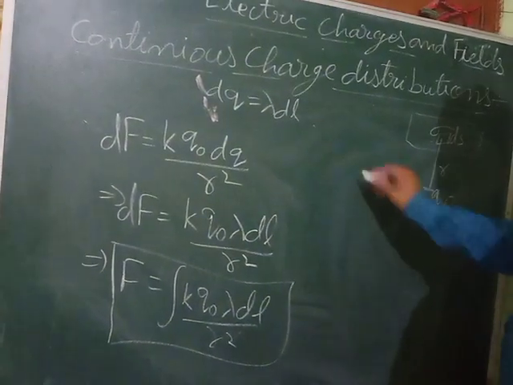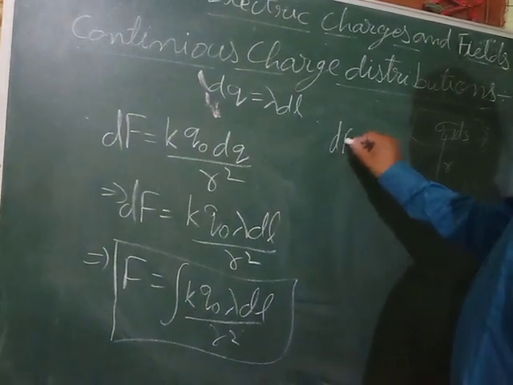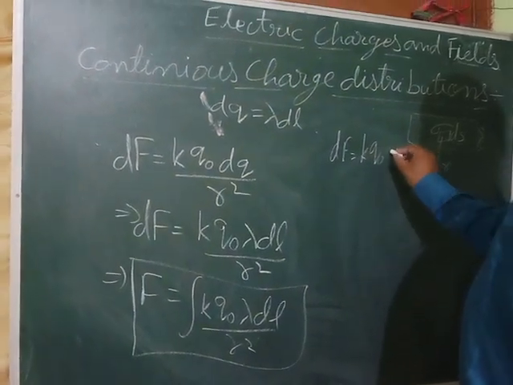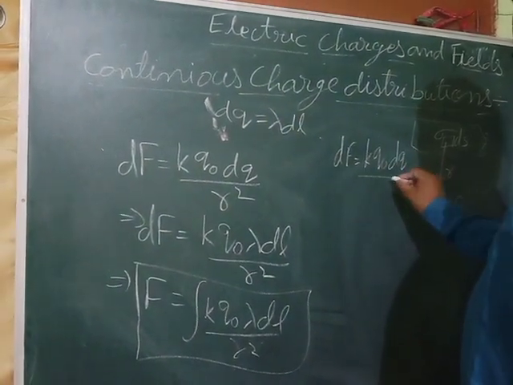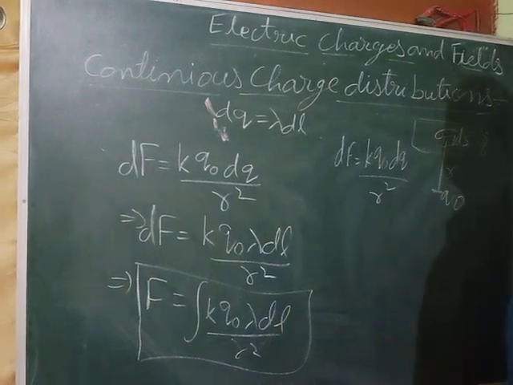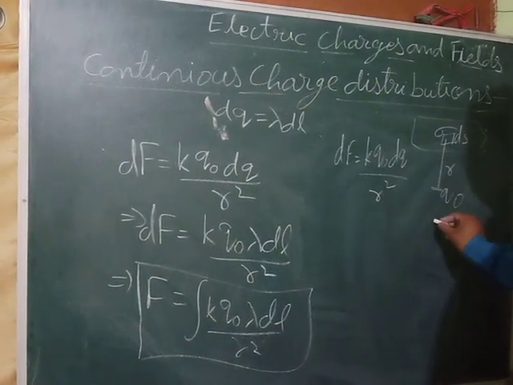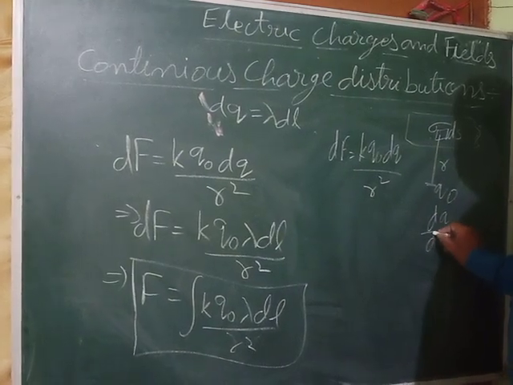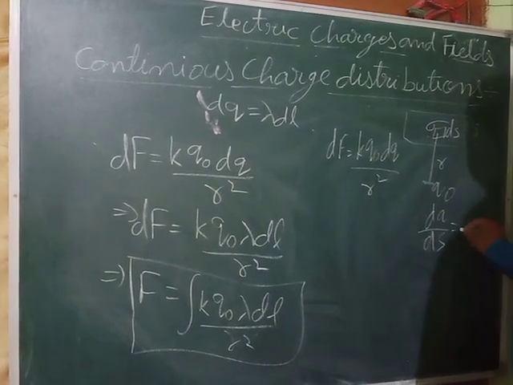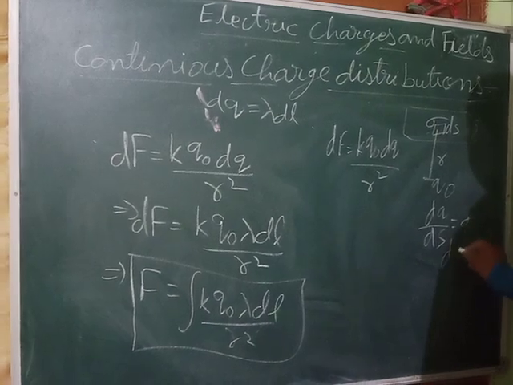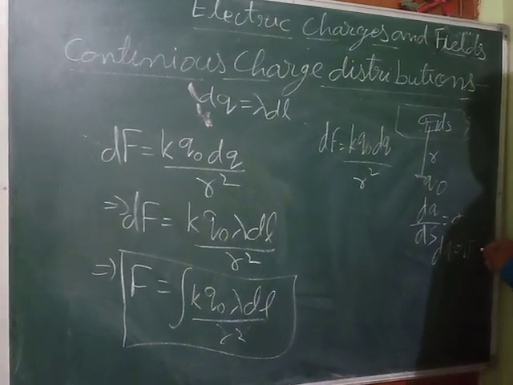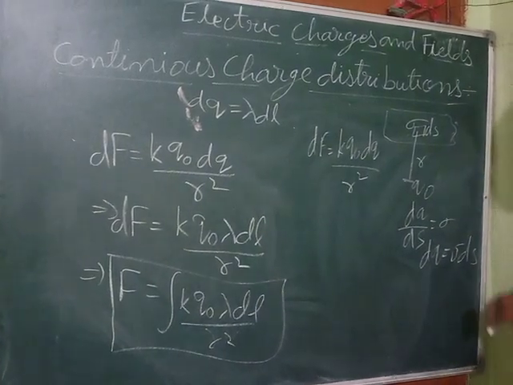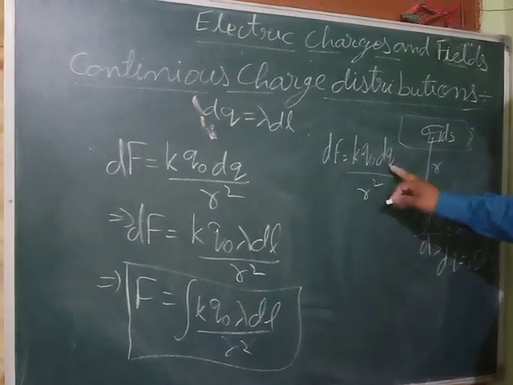Similarly df will be equal to K Q naught dq upon r square. Now what will dq be? We know that dq upon ds is equal to sigma, so dq is equal to sigma ds. We can put this value over here.